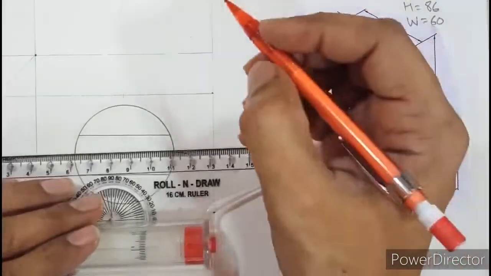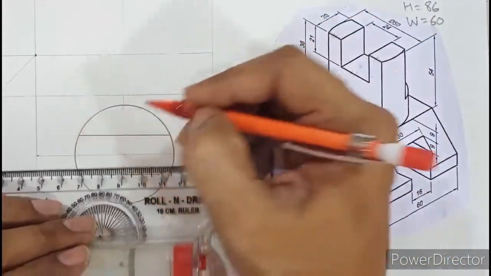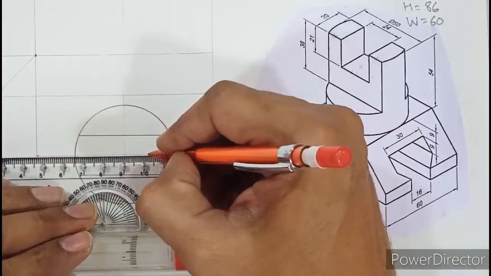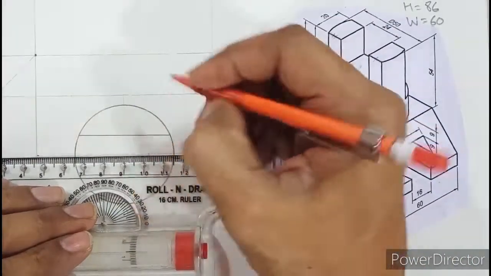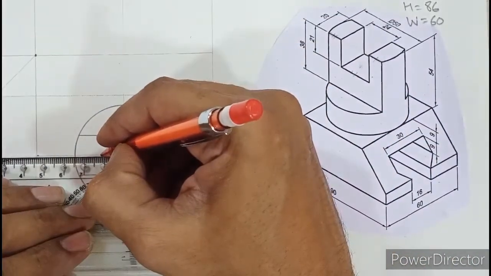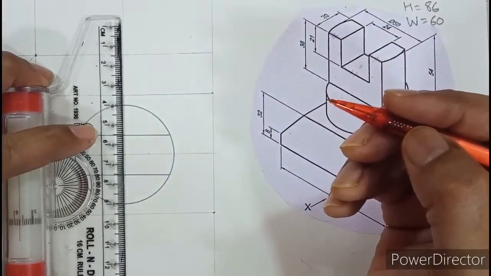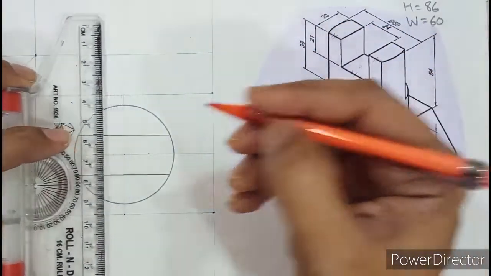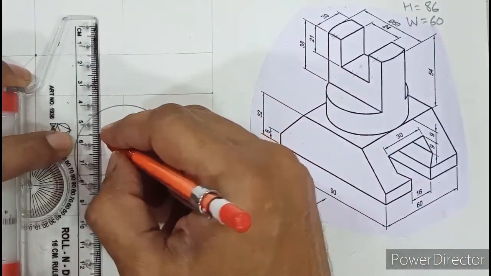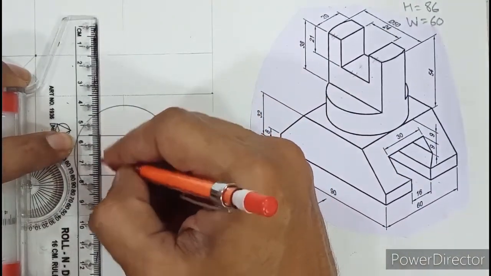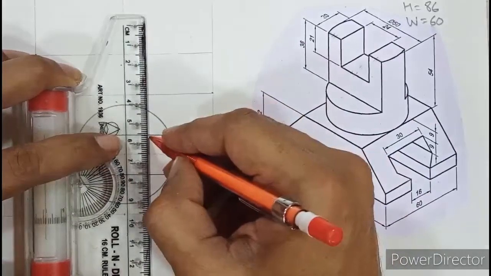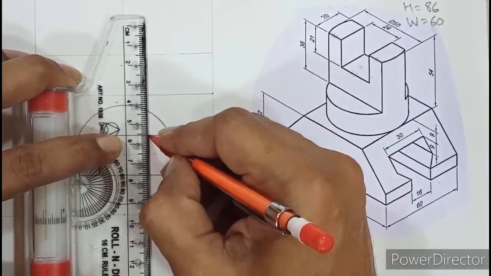So from the vertical line of symmetry, I need to mark 12 right and 12 left. Okay, and then from here, if I slide this, I will get one part, and over here I'll get another part.